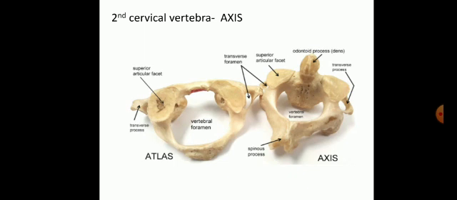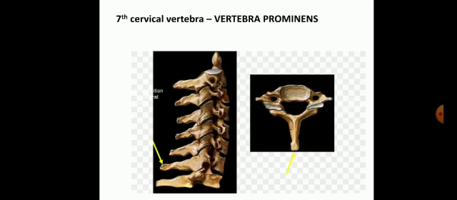It's massive because it's going to give attachment to 5 pairs of muscles. And the spinous process of all the cervical vertebrae will give attachment to the ligamentum nuchae. The 7th cervical vertebra has a long spinous process and it's aptly called vertebra prominens.